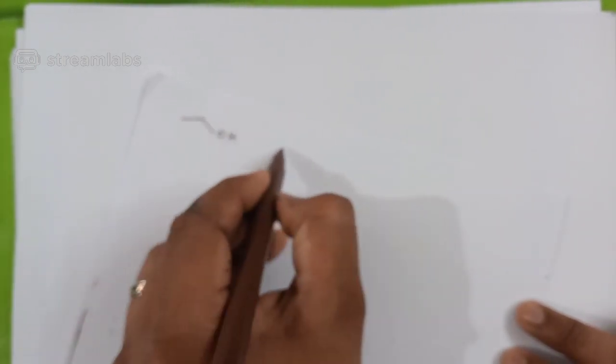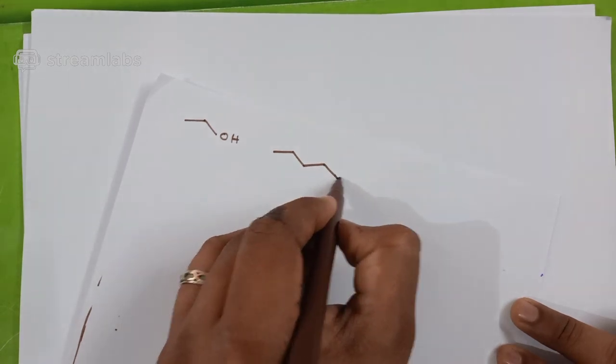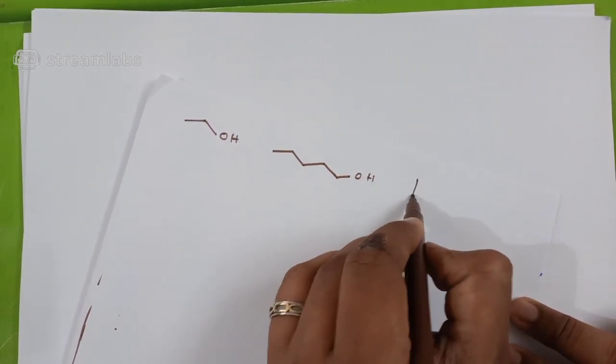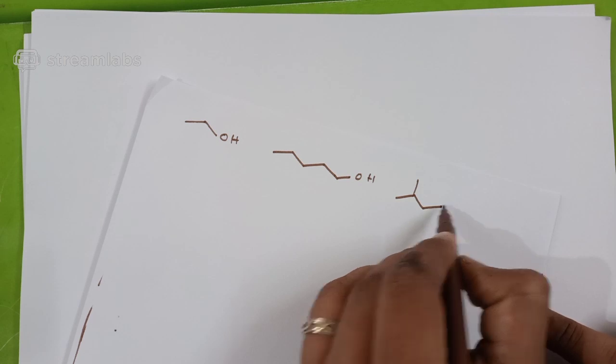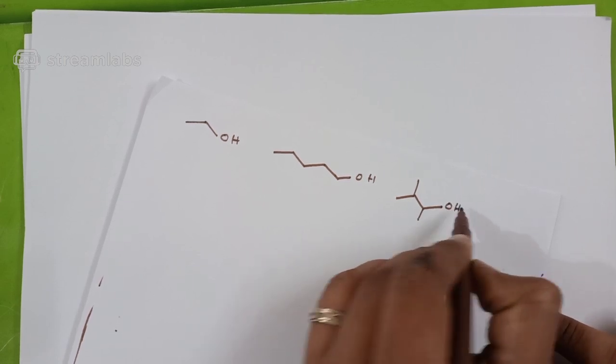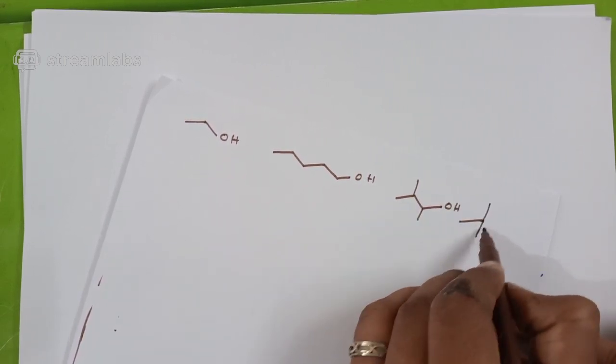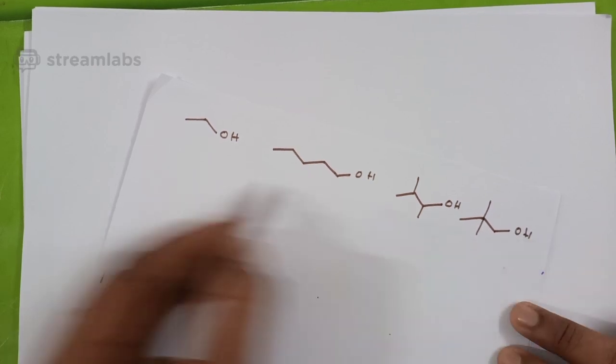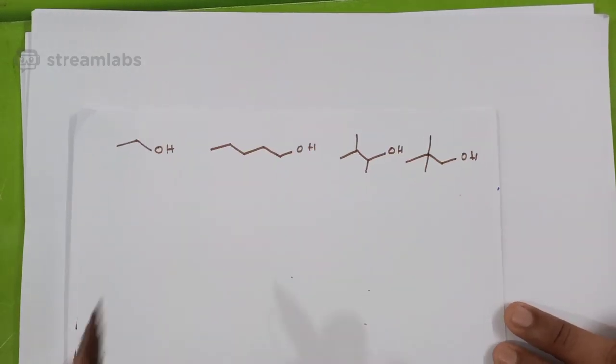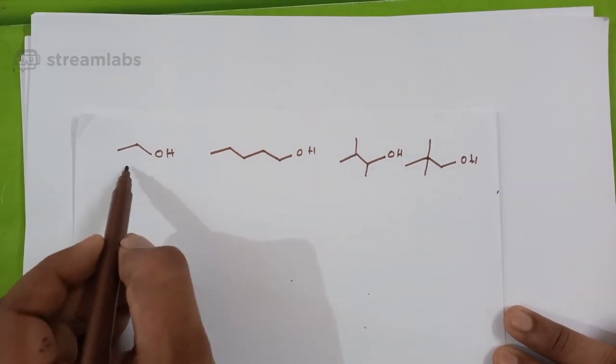See, for example, an OH group, like this. With this they give a compound like this. Now here only 2 carbons are there.